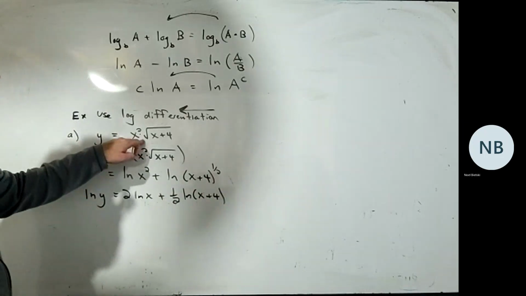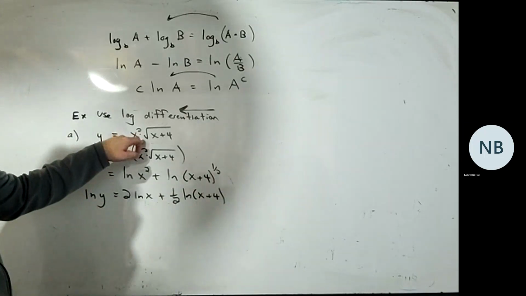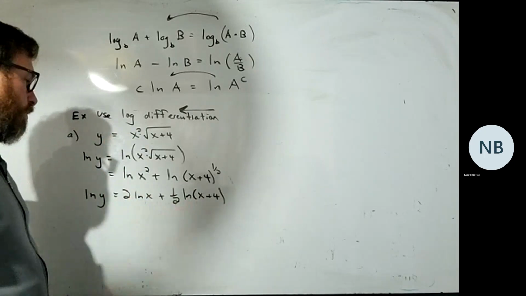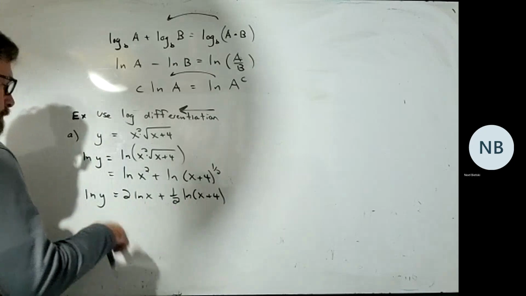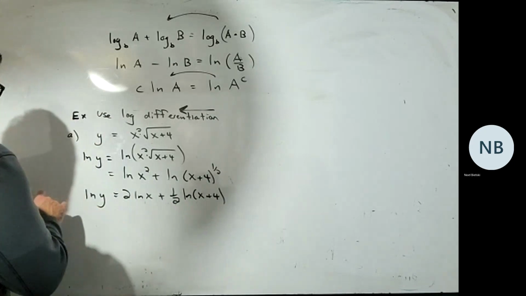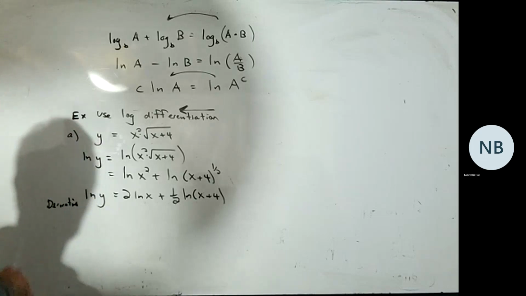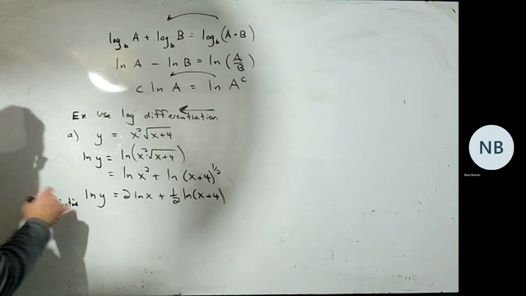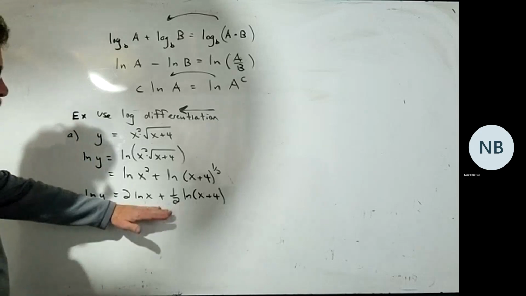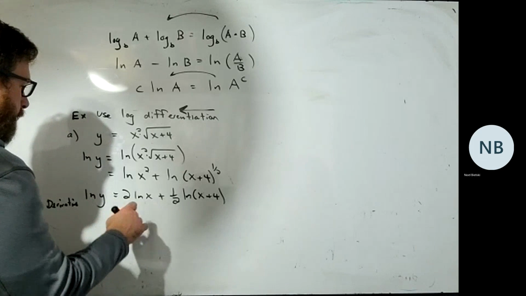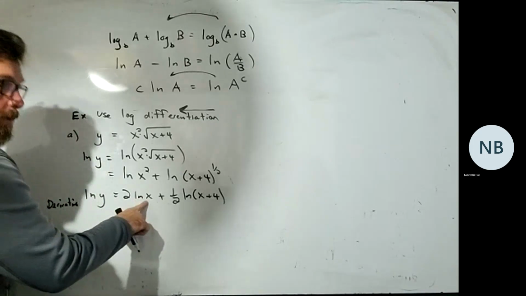Taking the derivative of this is messy because of product rules and chain rules and so on. Taking the derivative of this, I know there's a little bit of a chain rule for this one, but it's really quite simple. So that's what we're going to do, take the derivative. We'll do the right-hand side first because it's the easiest, and we'll talk about this one next. So the derivative of the natural log of x is going to be 1 over x.